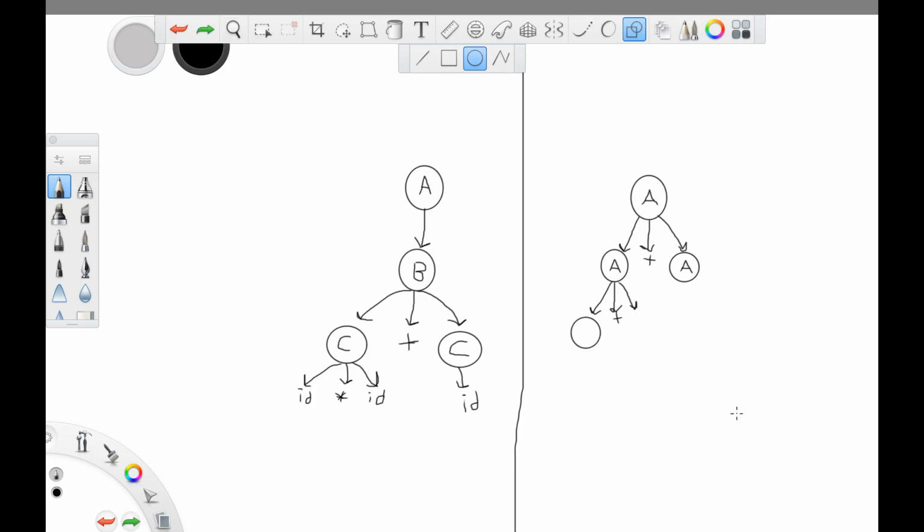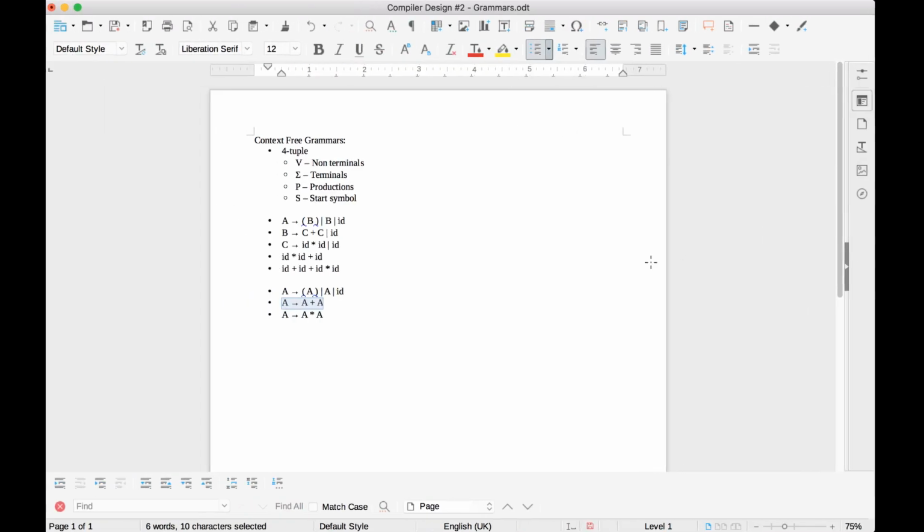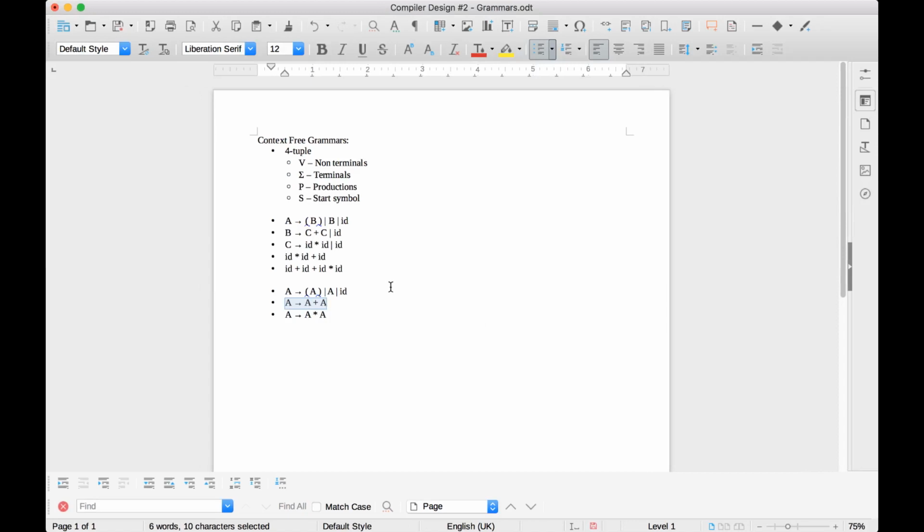Oh, wasn't quite right. Position. Okay, two more A nodes. Okay. Now we have A, don't we? To finish the ID plus ID plus ID bit up, we can make all of these A's into IDs.